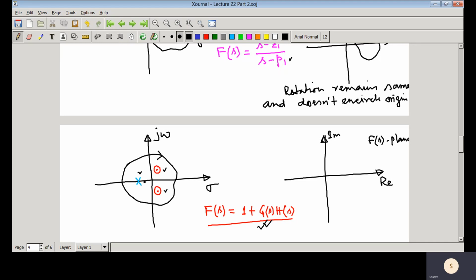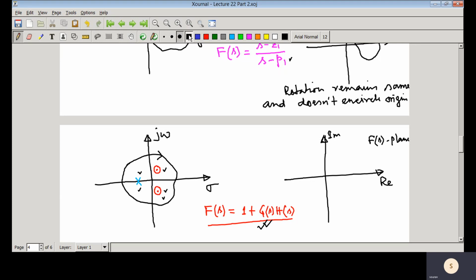proper transfer function. So in this particular case you can see that there is one pole inside that contour and two zeros. So one pole and another zero, that means plus 360 minus 360, it would be 0. So 1 plus 360 would be there.